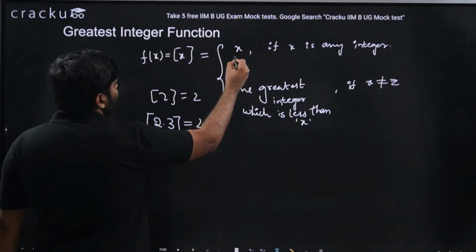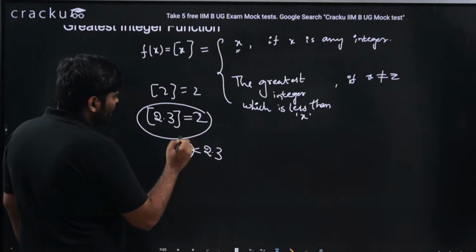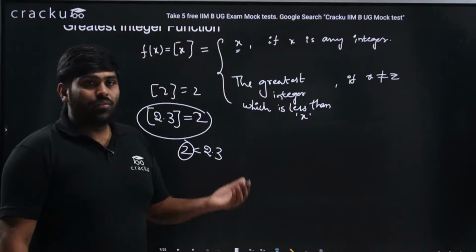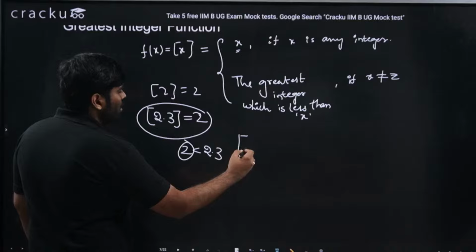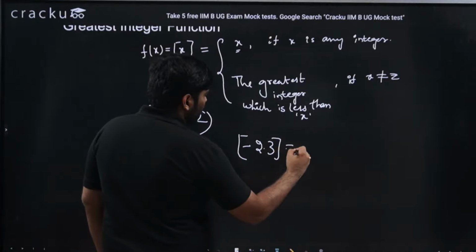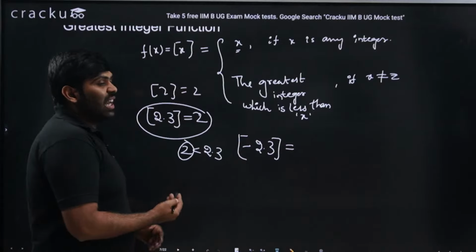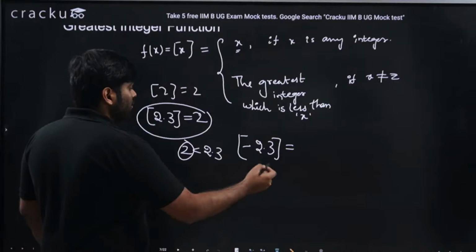In this case, the greatest integer which is still less than 2.3 is 2, and this is the greatest integer which you can take for giving a value to step 2.3. Similarly, if I talk about minus 2.3, what will be the answer? Now we have to consider the greatest integer which is less than minus 2.3.